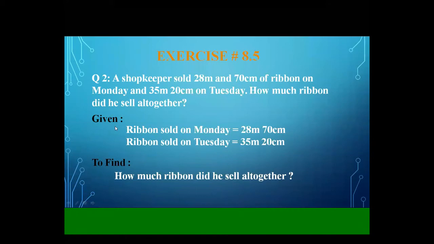Starting from given, when we follow the first step, what is given here? Ribbon sold on Monday 28 meter 70 centimeter. Ribbon sold on Tuesday 35 meter 20 centimeter. Okay, this is given. Now to find. What to find here? How much ribbon did he sell altogether? So you write here how much ribbon did he sell altogether.